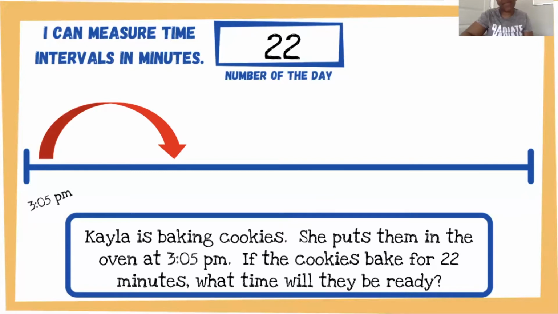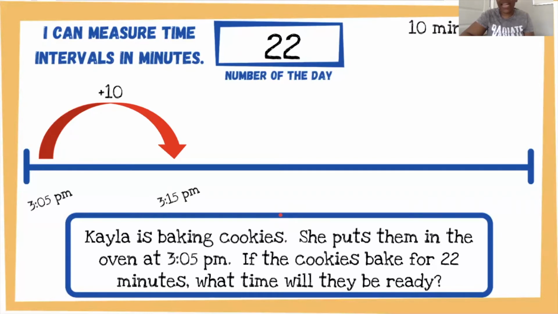And when I think about a number that's easy for me to add, the first number that comes to my mind is 10. And so from 3:05 p.m., I am going to add 10 minutes because remember, we're talking about a time that occurs in the future. So if I add 10 minutes to 3:05, the time is now 3:15 p.m.